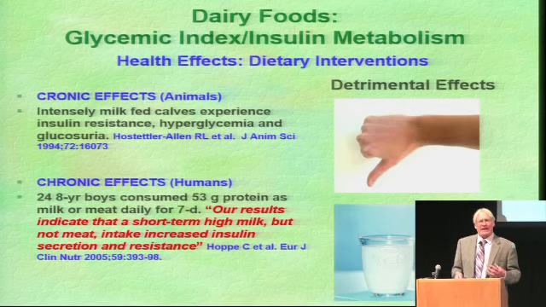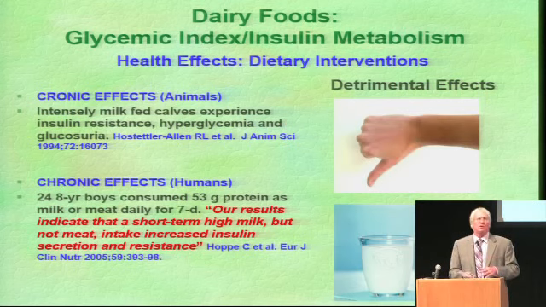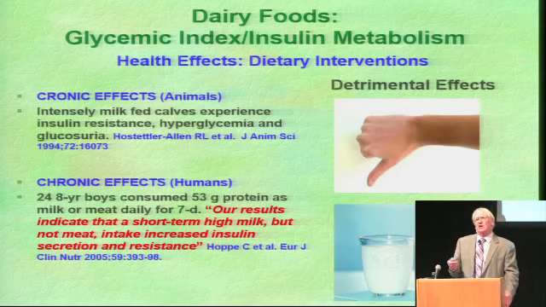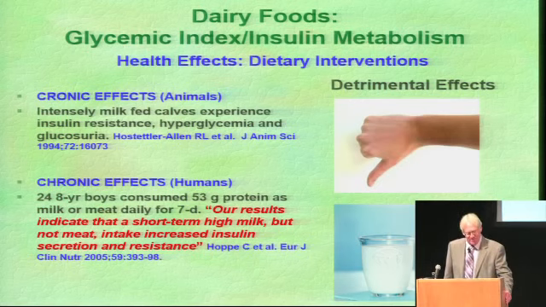It's calves, very small cows, that have been intensely fed milk over the first couple of months of their life, and then they're slaughtered. It's well known in the animal science community that feeding high milk diets, way beyond what they could ever get from suckling from their mother, essentially force feeding them milk, causes insulin resistance, hyperglycemia, and these other problems.